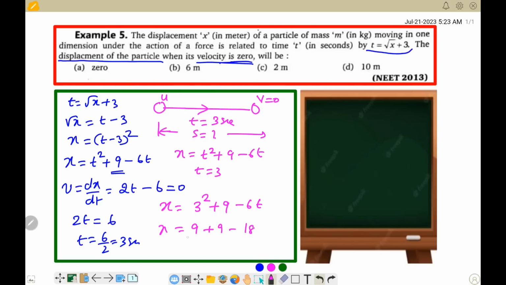So 18 minus 18 is 0. Therefore your answer is 0. So the displacement is 0. That means the body is at rest, the body is not moving at all. That is the meaning of this problem. So finally we get the conclusion that displacement is 0.